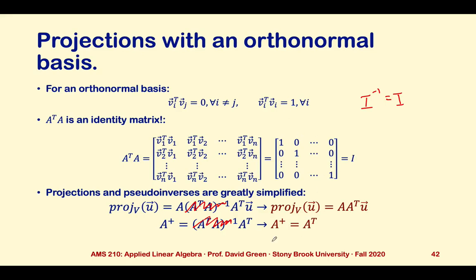Remember that the pseudo-inverse is what we use to solve for least squares solutions when we have an inconsistent system. If we only had to multiply the right-hand side by the transpose, that would make things incredibly easy for finding least squares solutions. Okay.